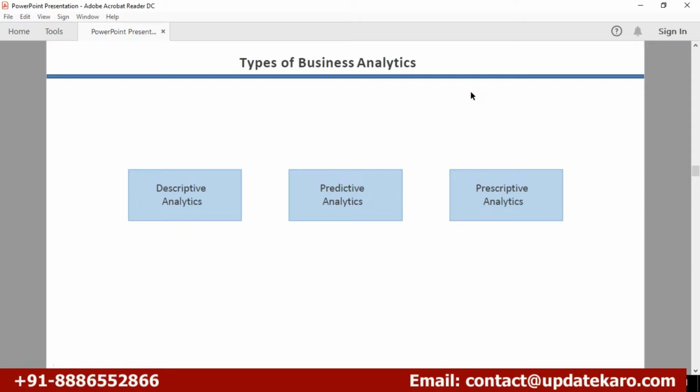Huge amounts of data. So basically we have the data and we are using our data to know what has happened in the past. Correct. How?